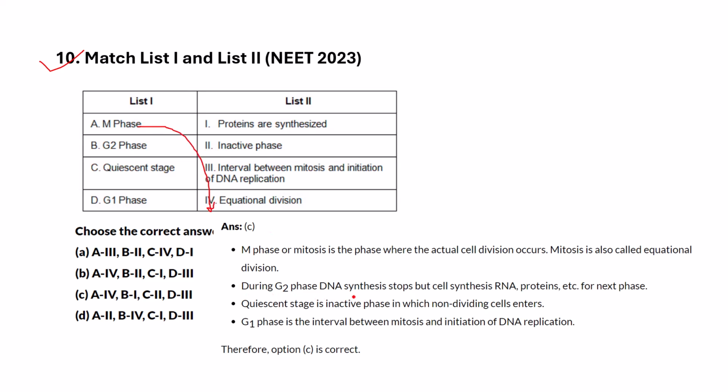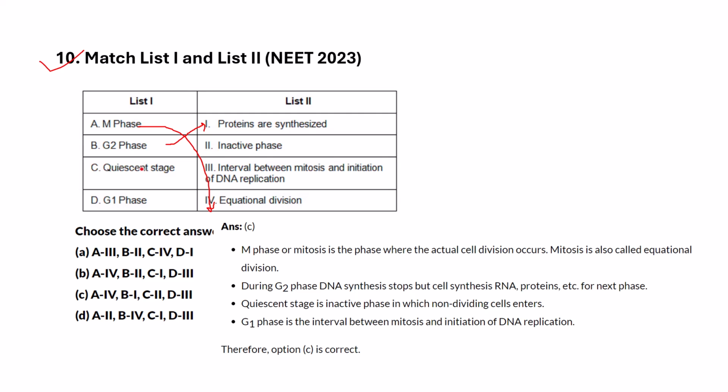During G2 phase, DNA synthesis stops, okay, but the cell synthesizes RNA, proteins, etc. for the next phase. So for G2, proteins are synthesized. Quiescent stage is the inactive phase which non-dividing cells enter.